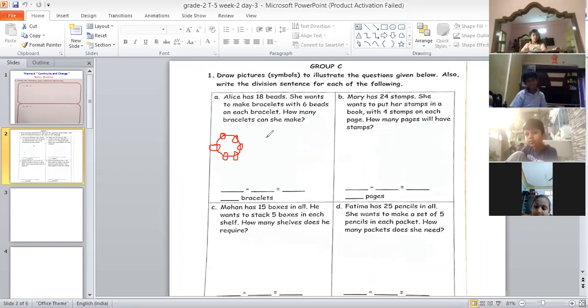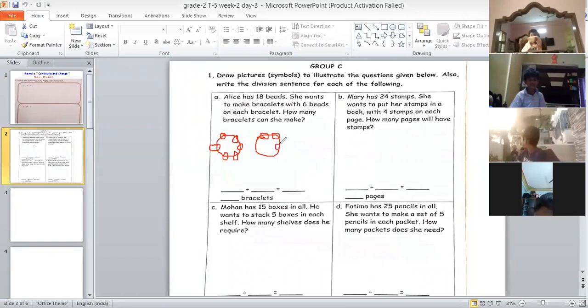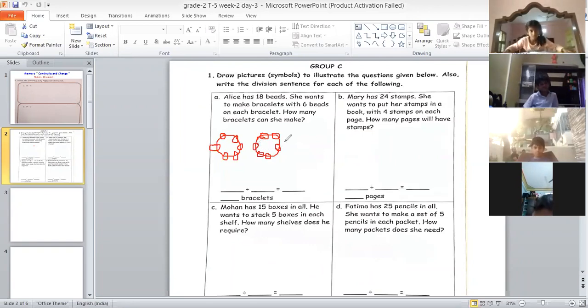Now we will draw the second bracelet. Again, we will count and make 6 beads. 1, 2, 3, 4, 5, and 6.